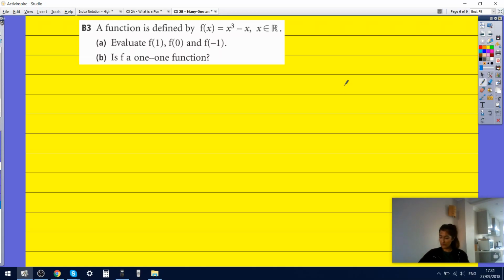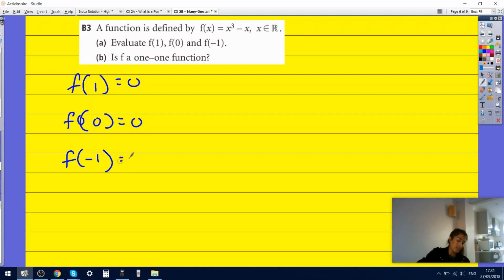But why not? Okay, so 1 cubed is 1, 1 minus 1 is 0. 0 cubed is 0. And then minus 1 cubed is minus 1. Minus 1 minus 1 is minus 2.